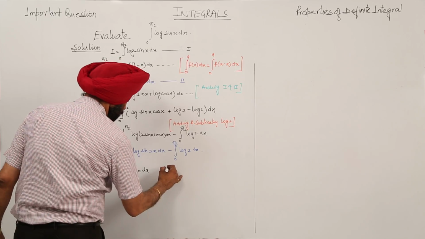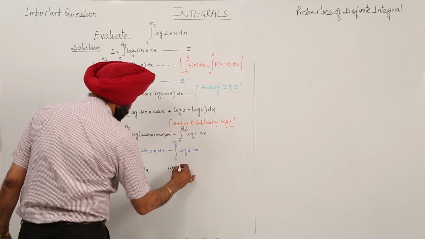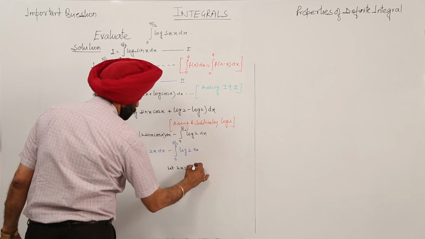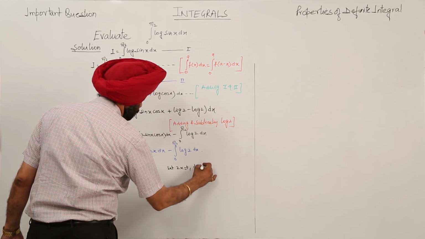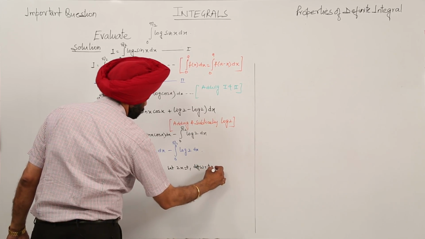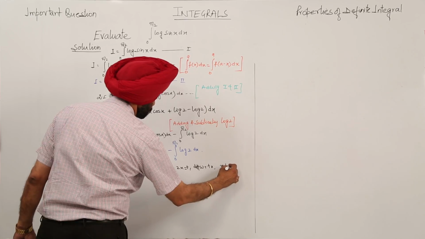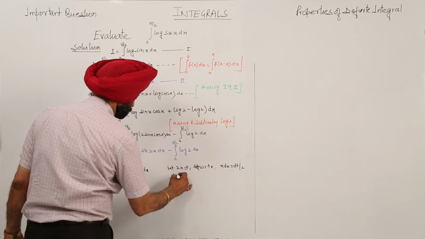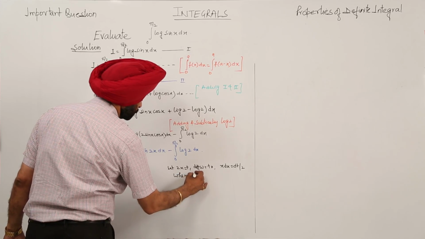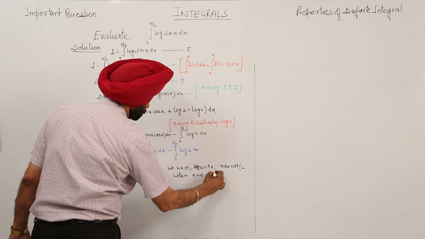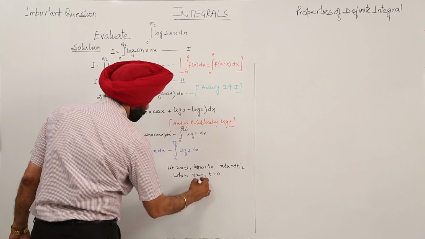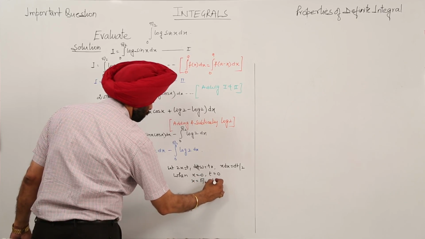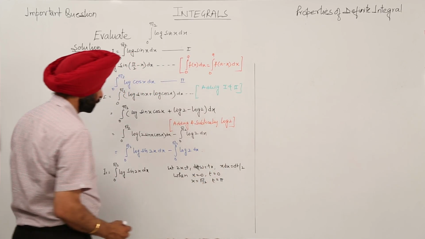Let 2x be equal to t. Differentiating with respect to x, 2 dx is equal to dt, so dx is dt upon 2. Changing the limits: when x is 0, t is 0, and when x is pi by 2, t is pi.